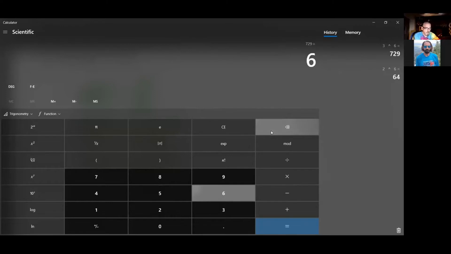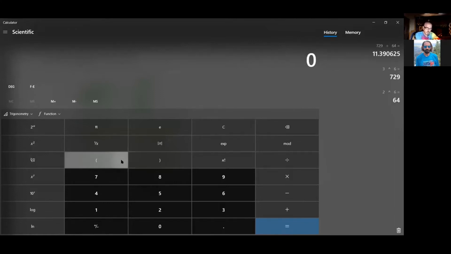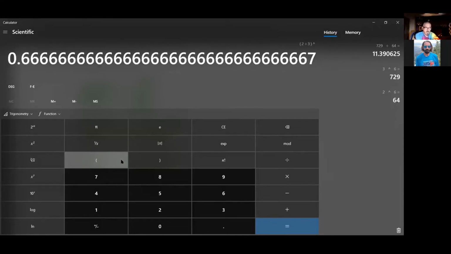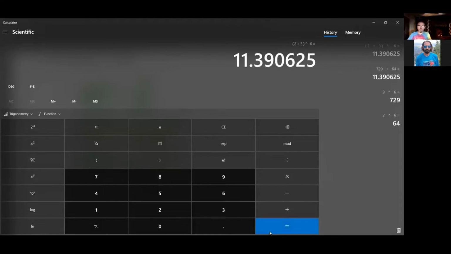Doing a little check, dividing 729 by 64, we've got 11.390625. Whereas if we raise 2/3 to the -6, make sure that's negative, same result as 11.390625.